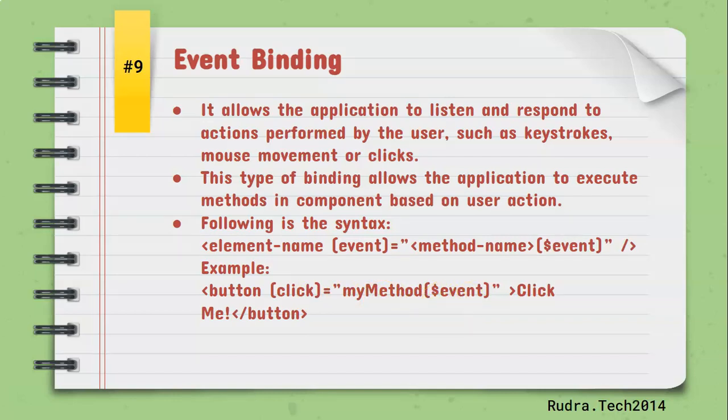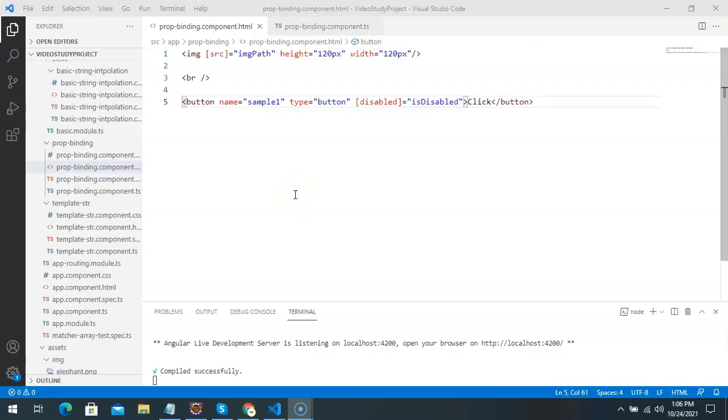Now let's go and see an example of event binding. We are going to reuse the example that we used at the time of property binding. In this one, we already have a button here. For that button, I'm going to write the click event. So the click event information will be captured here. Then I'm going to create a simple method with this name. A method is a block of code that we can execute by using the name associated with that block, and parameters can be passed to that block as well.